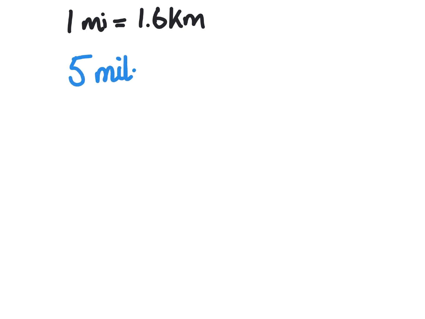So we know, again, and just put this at the top, 1 mile equals 1.6 kilometres. And if we're given the question of finding out 5 miles, what we do, because we're multiplying by 1.6, because it's 5 multiplied by 1.6, we multiply by 1 first, so we get the answer 5.